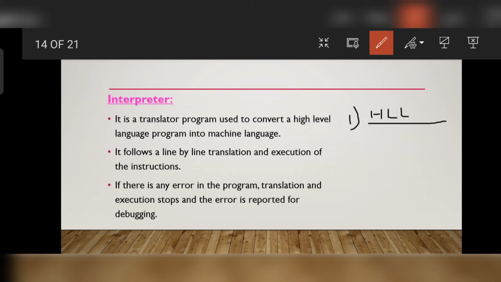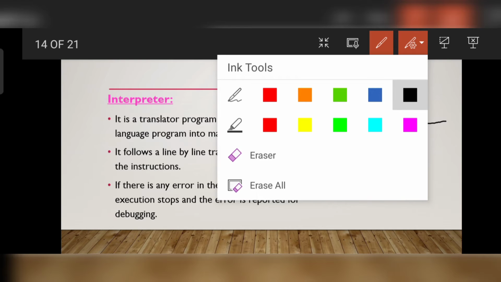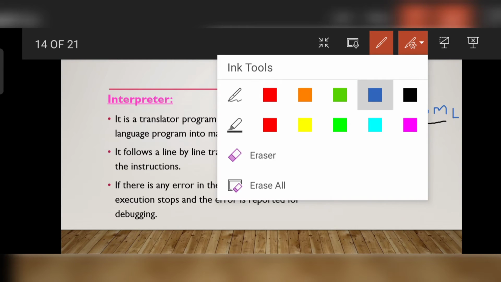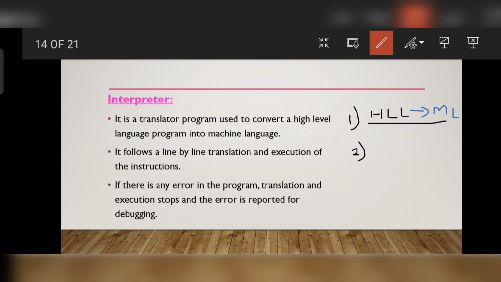For example, let's consider the program for adding these two numbers again. We enter the first line of instruction, given in high-level language. Then the interpreter will convert it into machine-level language code. Then we enter the second line of instruction to the computer, again in high-level language.